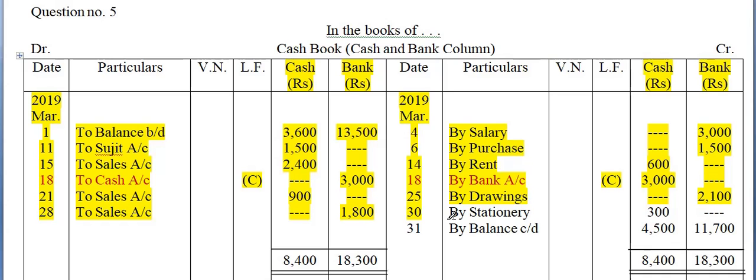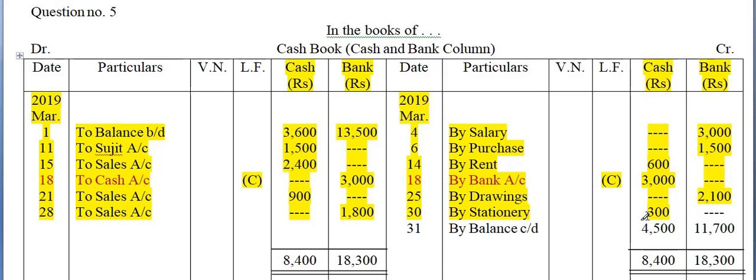Similarly, it will be through cash by stationery, because nothing is mentioned out here whether cash or bank is involved. It's not specified, so you will simply write by stationery, and the amount will be recorded towards the cash column.